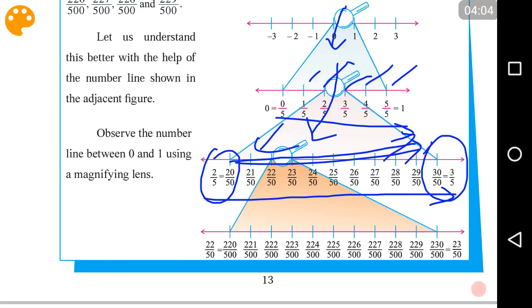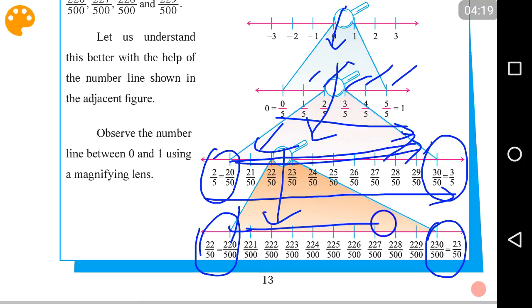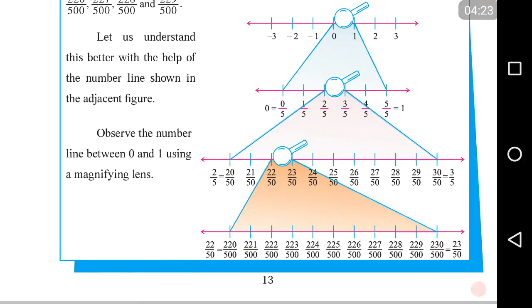So we can find 9 rational numbers, and if we change 22 by 50 to 220 by 500 and 23 by 50 to 230 by 500, then we can find more rational numbers. In this way we can zoom in and zoom in and zoom in, and between these two we can find 9 more rational numbers. If we multiply this by 10 and this by 10, we can find more and more.